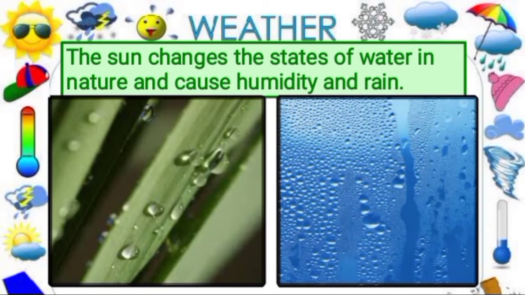Now let's understand humidity and rain. Have you ever felt the air just outside of a hot bath or shower? It feels wet, but you cannot see any water in the air. There really is water in the air, but it is in the form of gas, and this kind of water is called water vapor.